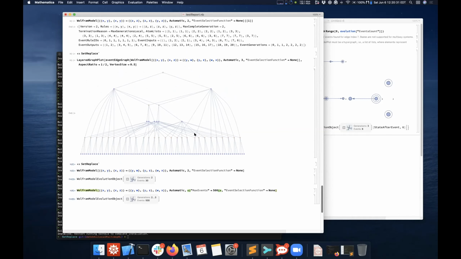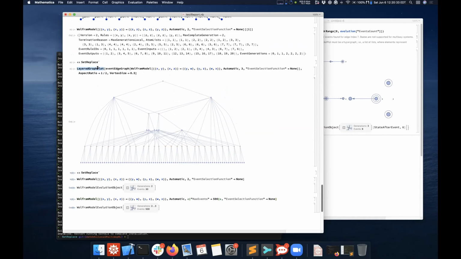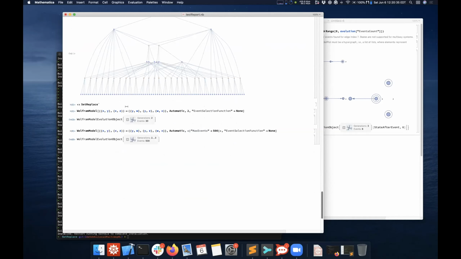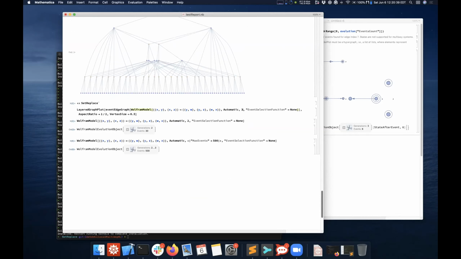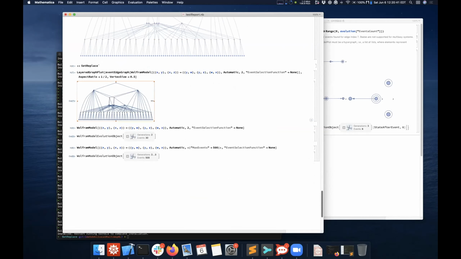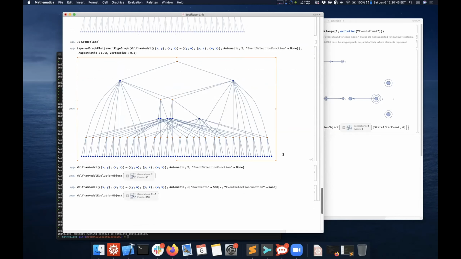Well, it does have at least 500 events. Okay. Well, let's just regenerate it for 2, please, so we can see that. All right. Wait, we can generate part of it. No, I understand. It would be useful to do that.